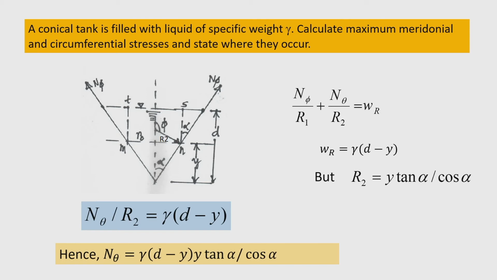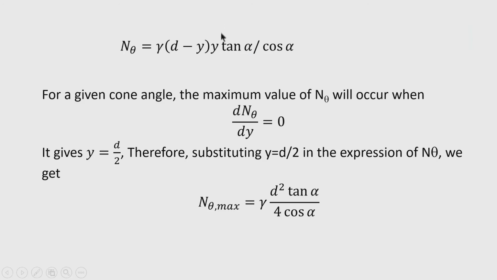We generally call it a hoop force or hoop tension, and we want to calculate where the maximum value occurs. Okay. For calculating the maximum value for a given cone angle, we differentiate this quantity n theta with respect to y. So, we will get the depth where the maximum circumferential force or circumferential stress will occur.